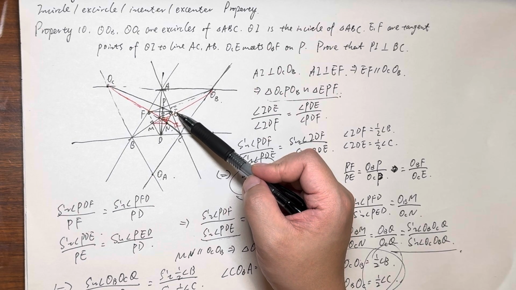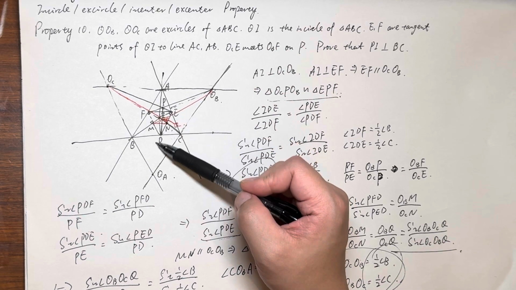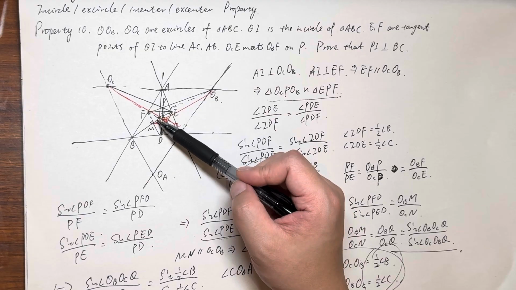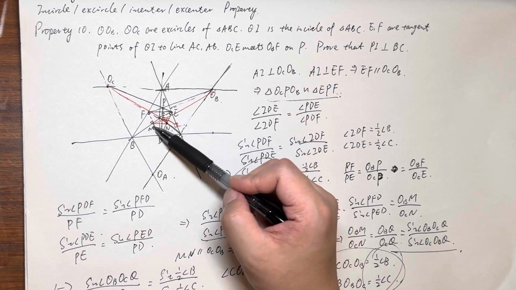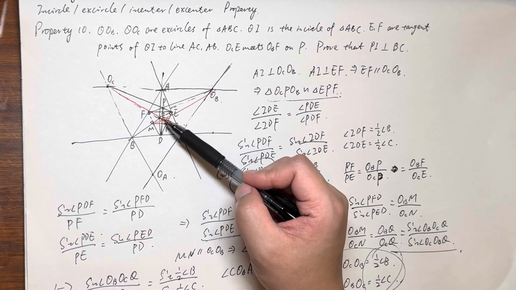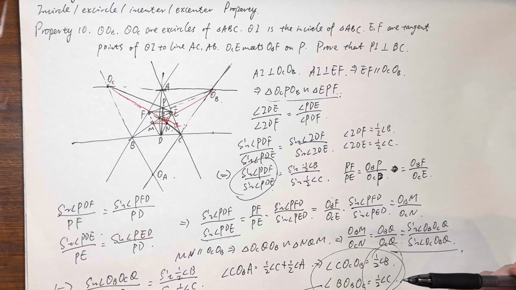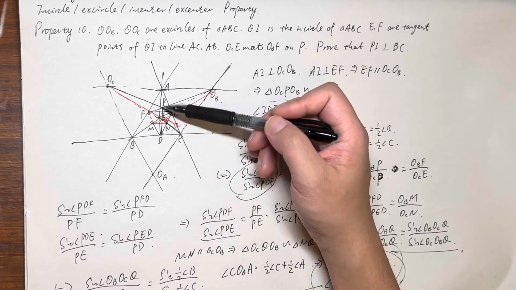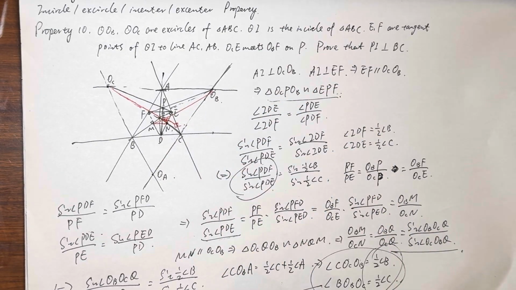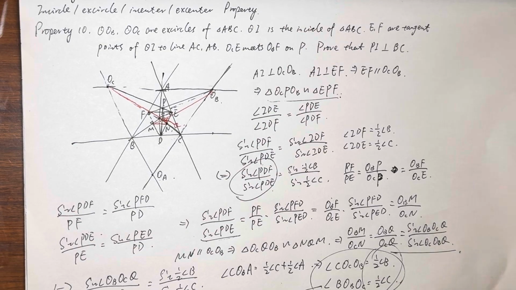And it will become very difficult if you just want to prove that angle PDE equals angle IDE. But instead, we can prove the ratio, right? If we can prove that the ratios are the same, then we can directly say that PID are collinear. This is an extremely useful method used in lots of difficult problems. I would strongly recommend learning about this method. Keep this one in your mind.